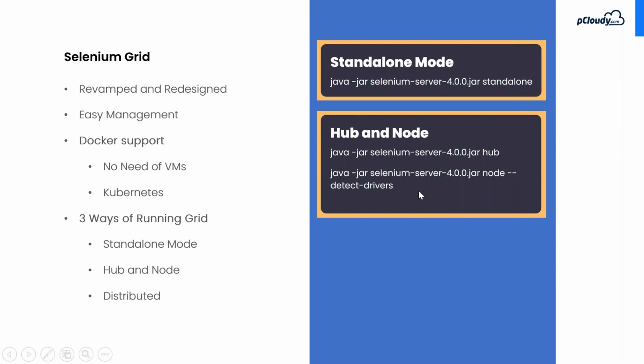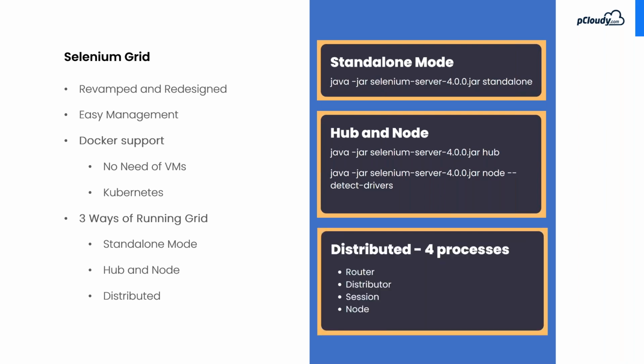Now we can run each component in its own process. We have four different processes: you can create a process as a router, a distributor, a session, and the node. All these can be used to run Selenium in a more distributed way.